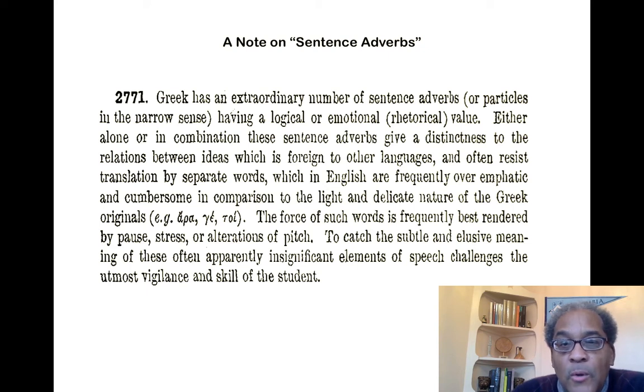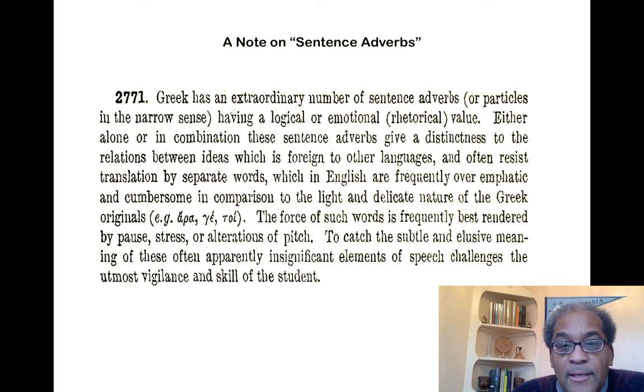Either alone or in combination, these sentence adverbs give a distinctness to the relations between ideas which is foreign to other languages, and often they resist translation by separate words, which in English are frequently over-emphatic or cumbersome in comparison to the light and delicate nature of the Greek originals.